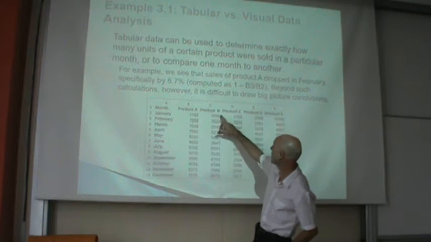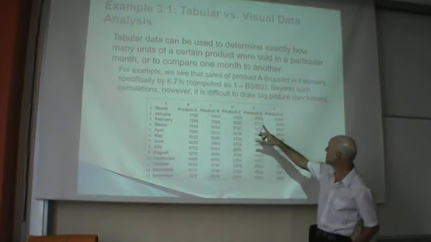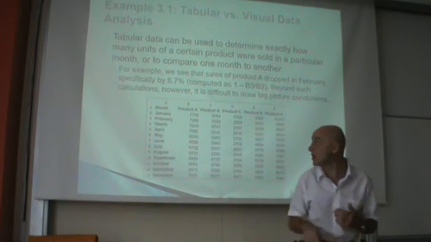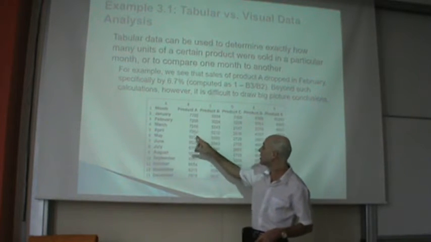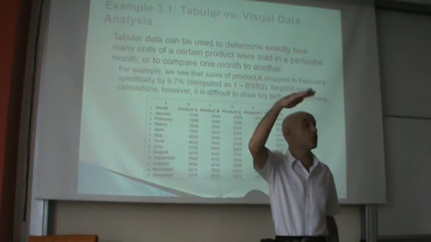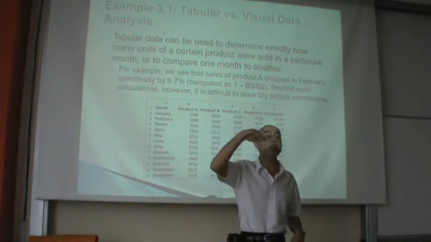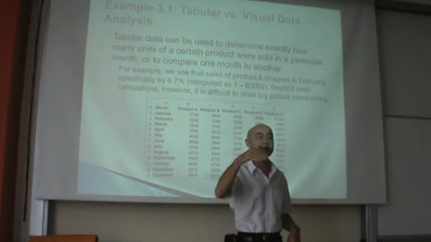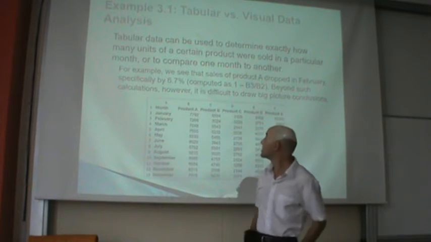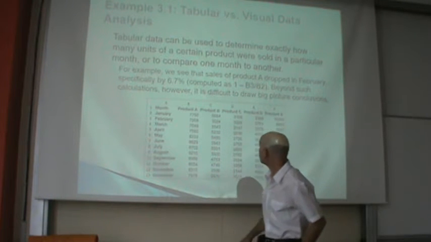Let's say product A, and product B, product C, product D, product E. So it's just a simple table for what you did in each month. Maybe you can draw a chart to see, are sales increasing, are sales decreasing, are sales remaining stable, okay?